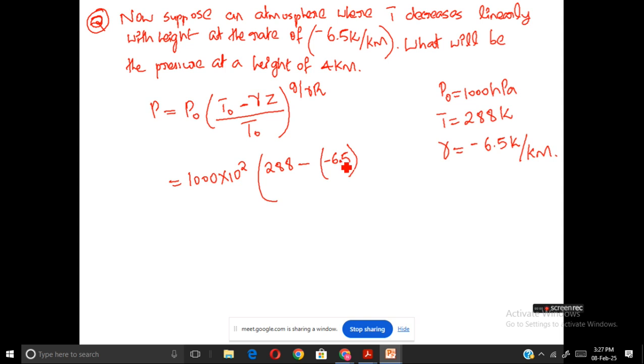into Z. Since it is in kilometer, we have to convert it into meter.